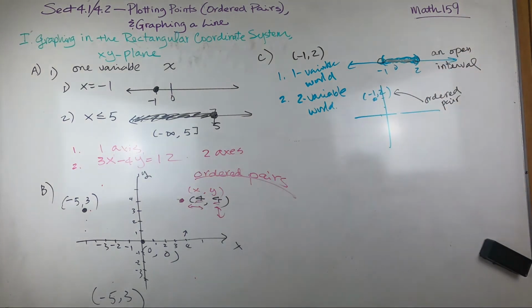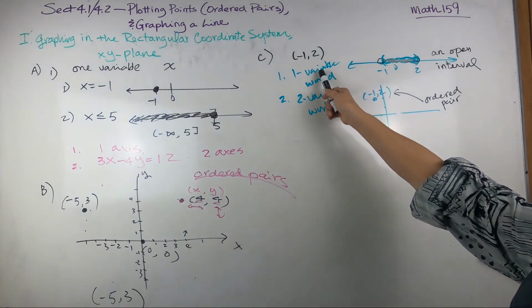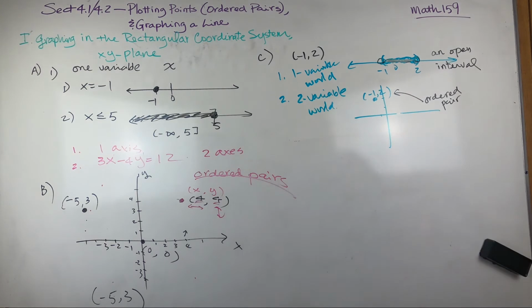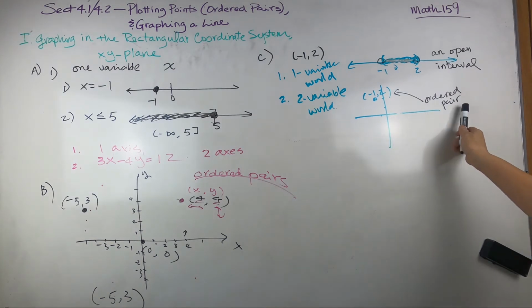So just to let you know, in math, usually one symbol means one thing. Only this symbol might be 2 different things: either an open interval or an XY ordered pair.